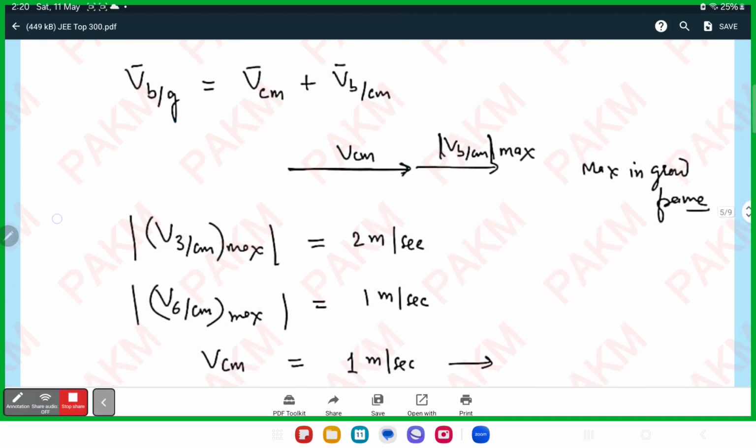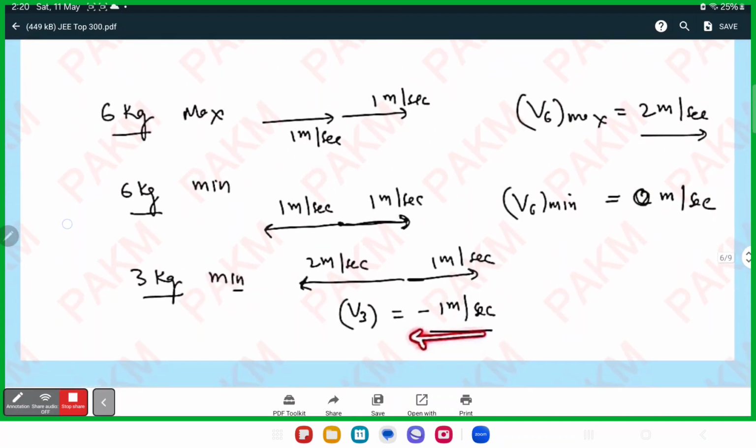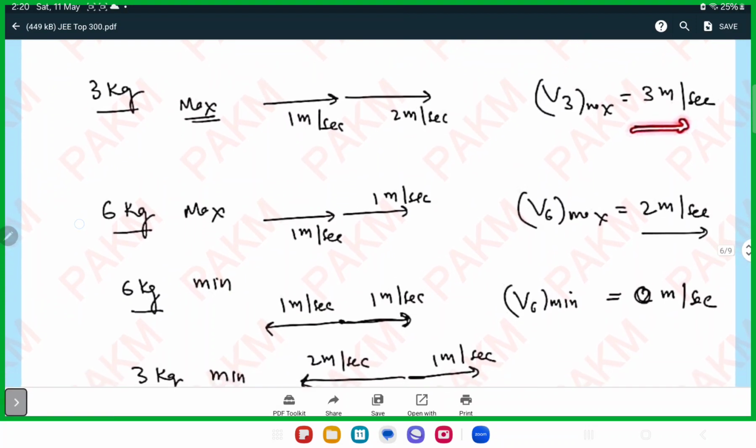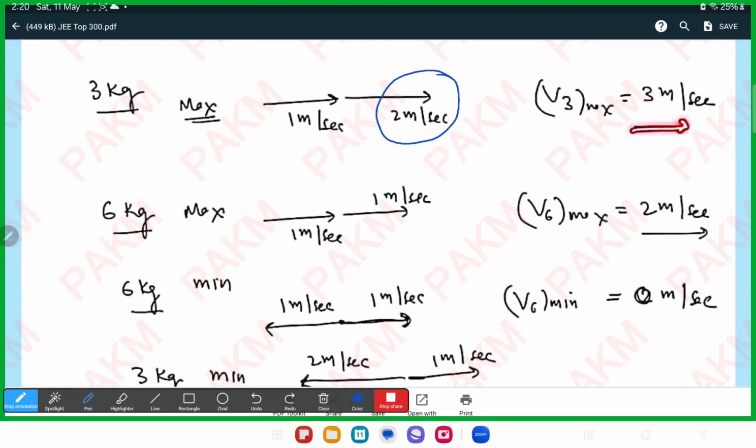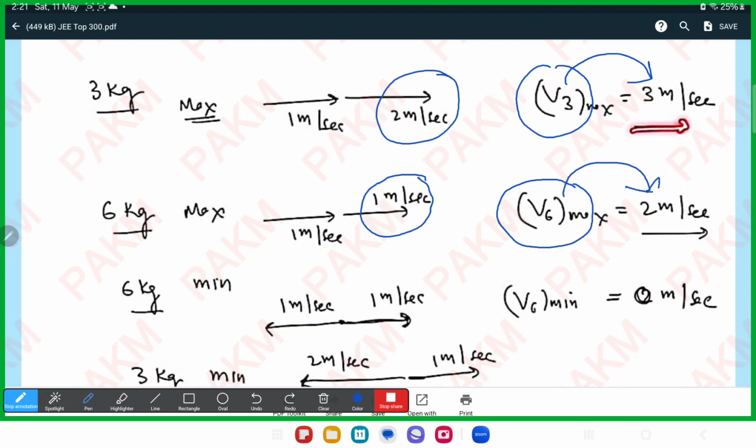Now for the 3 kg block, you have seen 3 kg at 2 meter per second, it was given in the question, and 6 kg at 1 meter per second. So once we add, respectively V max with respect to ground we got 3 meter per second for the 3 kg block, and V6 we got 2 meter per second.